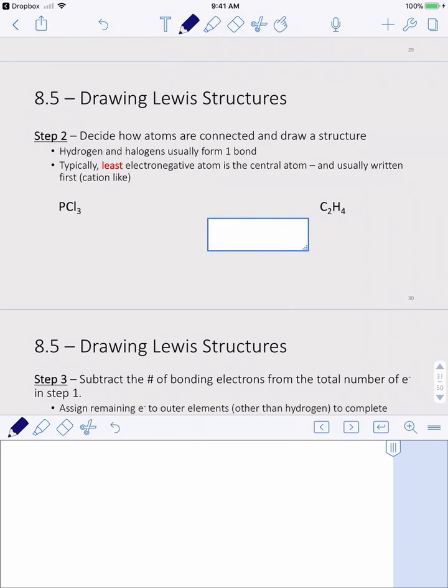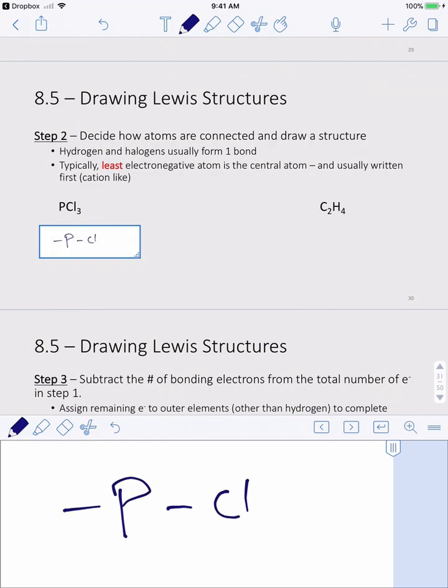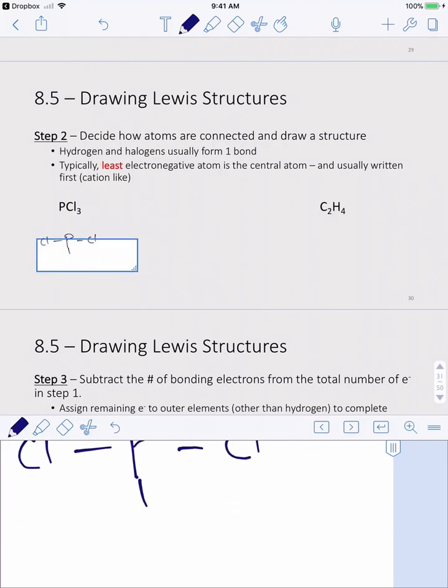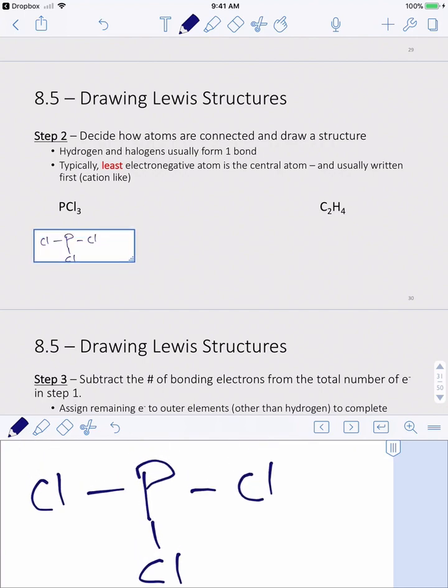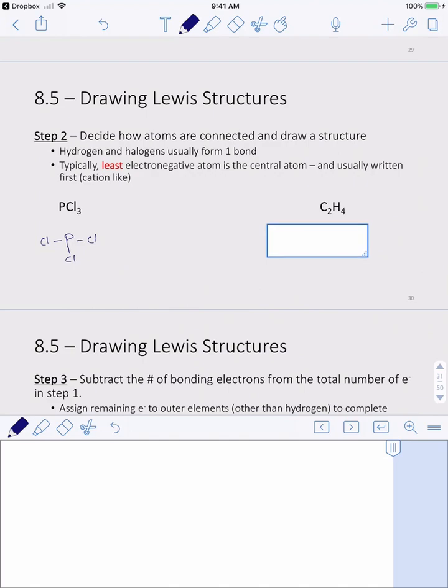So in the case of PCl3, it can't be chlorine, so we know phosphorus needs to be in the center. We put a phosphorus in the center, and then we connect it with 3 chlorines. So we get this kind of skeleton structure for phosphorus trichloride.